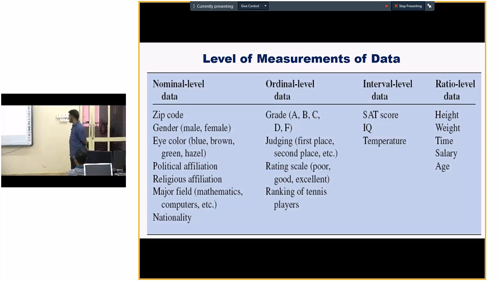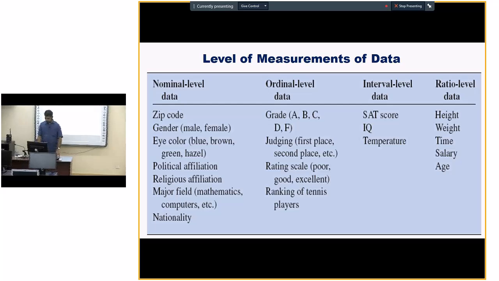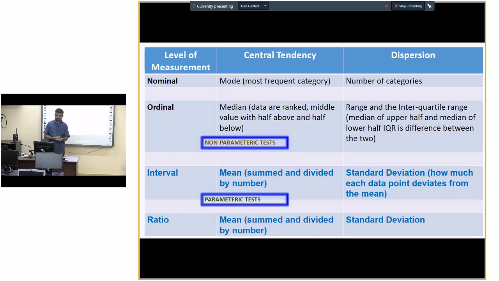You can refer to them again. Again, examples for interval and ratio level data.